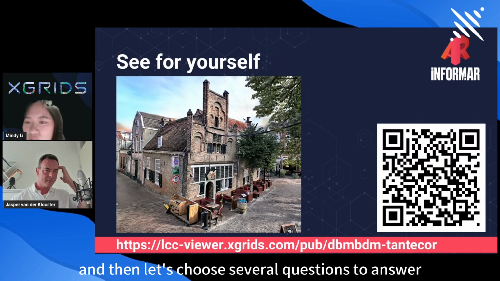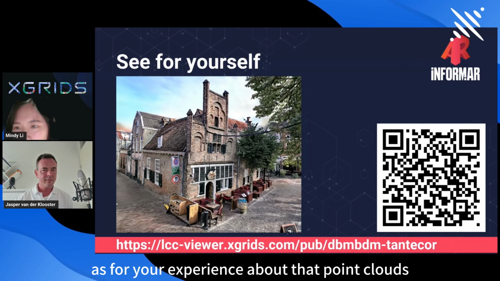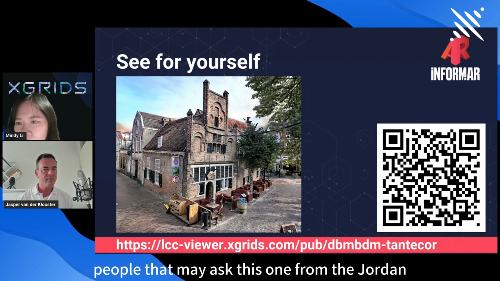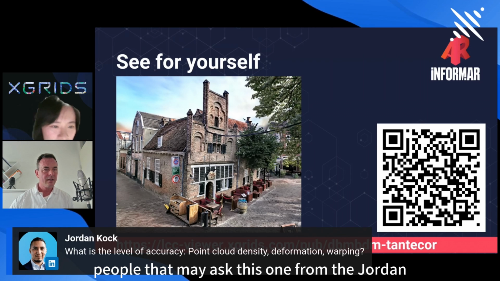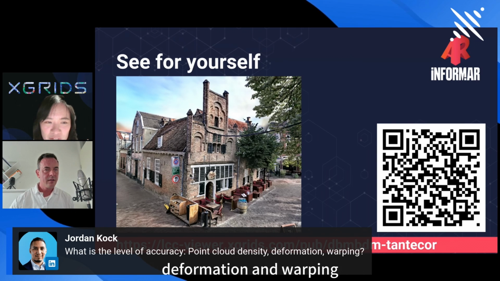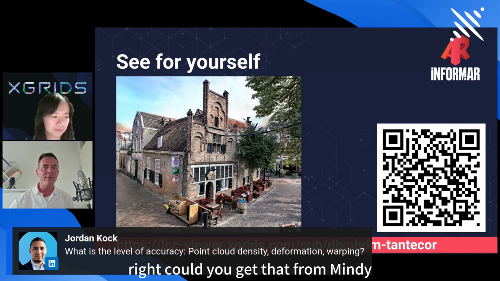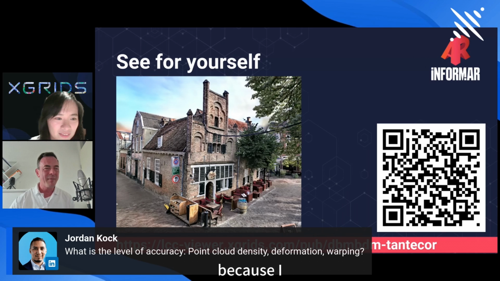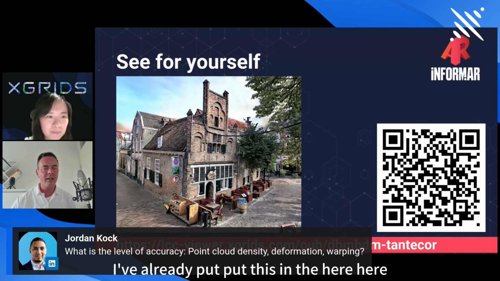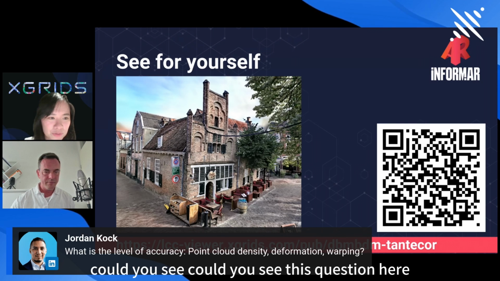Then let's choose several questions to answer. As for your experience about point clouds, I suppose several people may ask this one from Jordan: what's the level of accuracy, point cloud density, deformation, and warping? Could you see this question here?